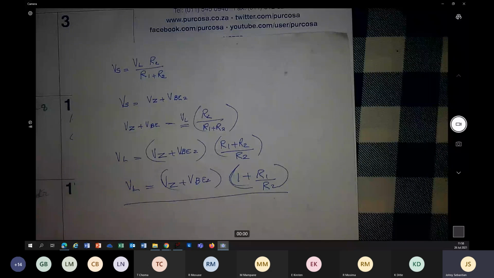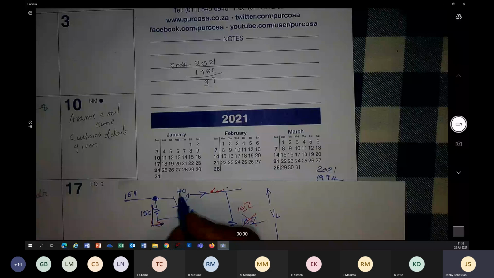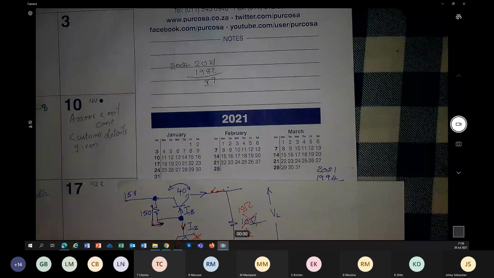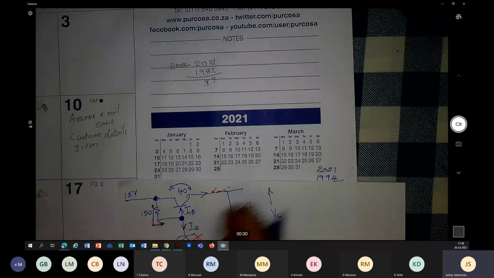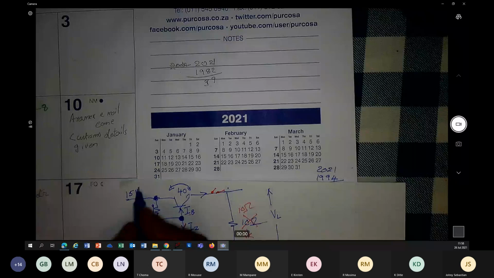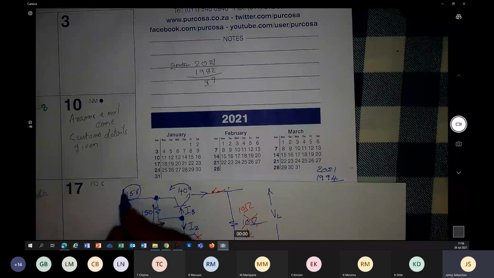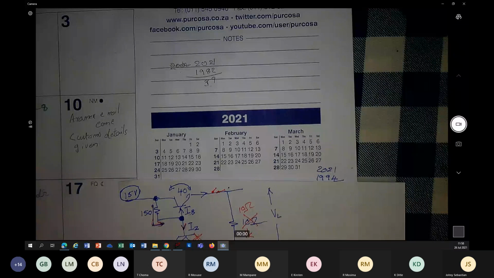That BJT that you have here needs to be in the active region. The moment it is in saturation, it will stop working. Or in other words, whatever calculation you do, this voltage should be bigger than that. VI unregulated should be much higher than VL. That is the condition.